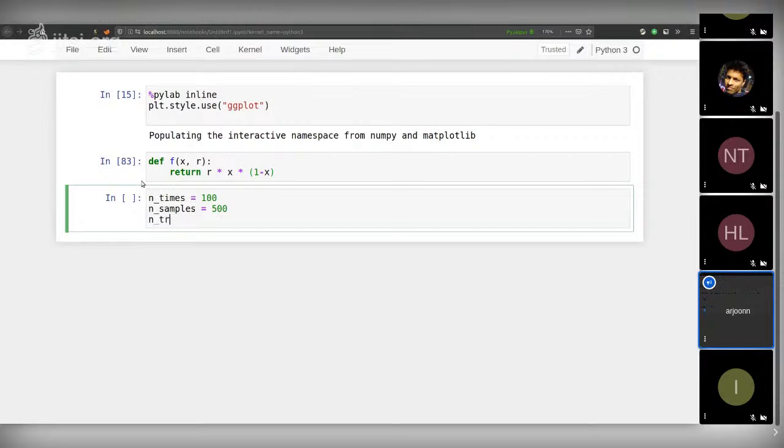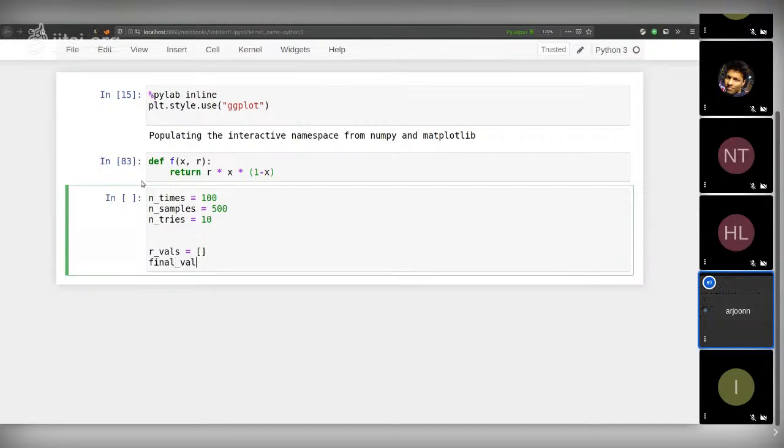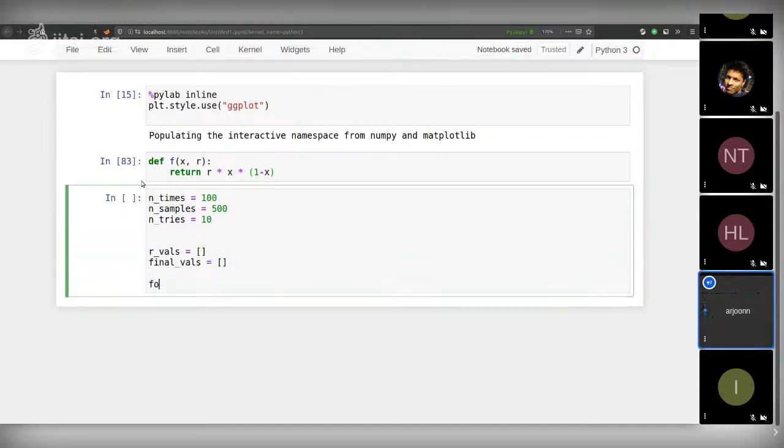N tries is equal to try 10 different times. So you get x final vals equals to this. So for trial in range n tries.